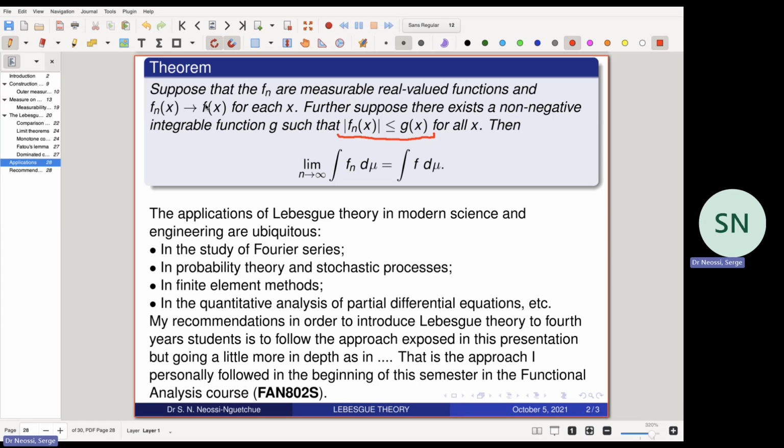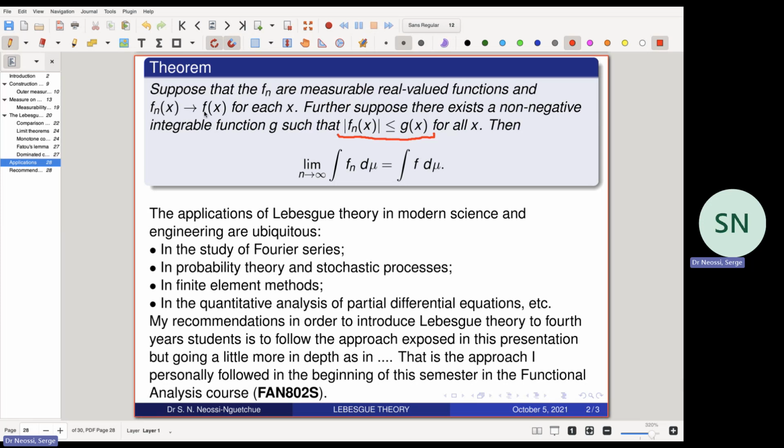In the case of the monotone convergence theorem, the convergence is done in an increasing manner. And we can conclude that if it converges increasingly towards the function f, we can interchange the limit under the sum. That is, we can take the limit under the sum, or we can take it out of the sum. The sum here is the integral.